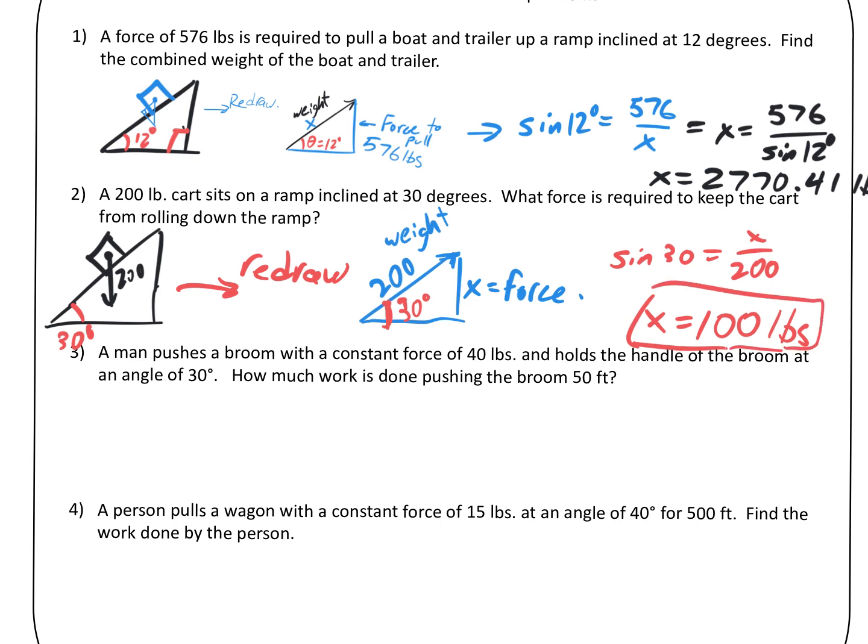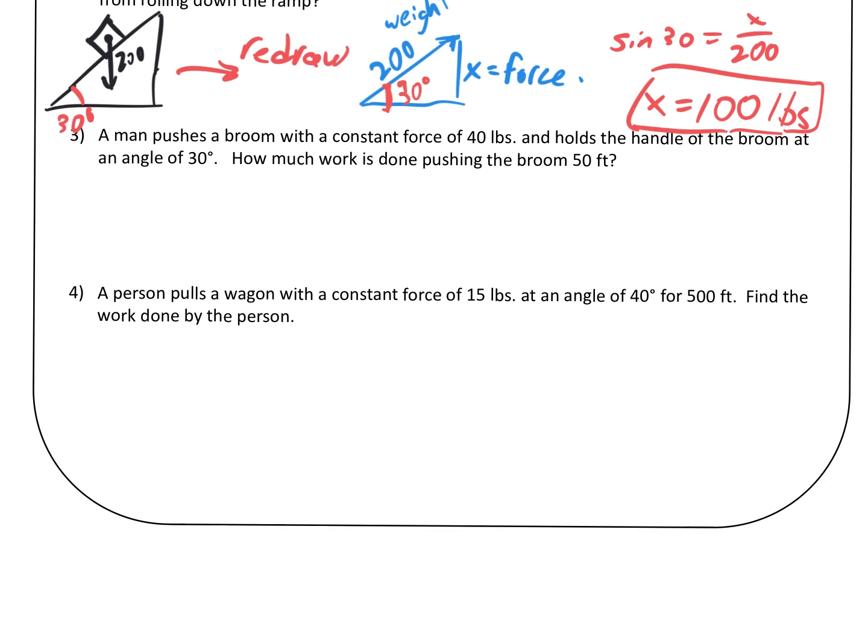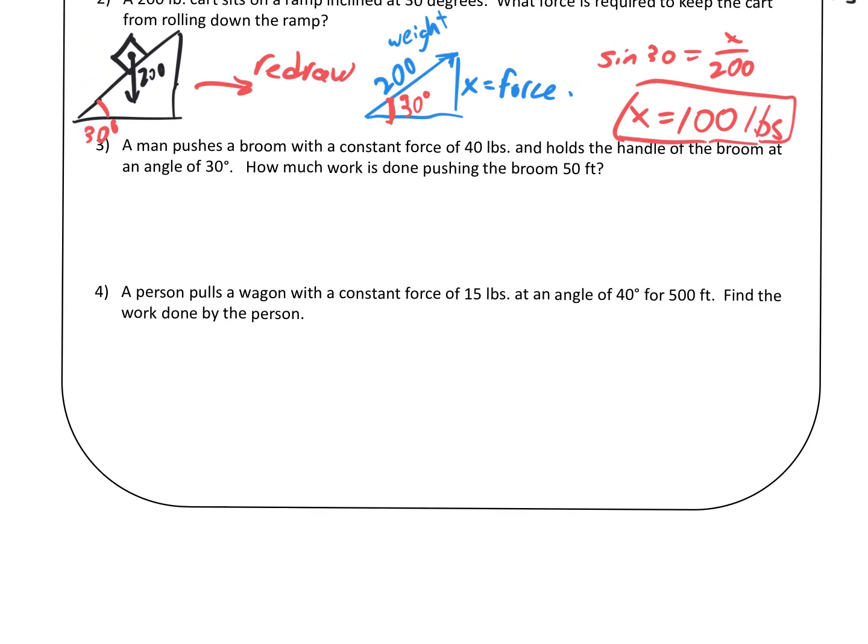The first two problems in here were based off of ramps, and now the next two are based off of completing work. Work follows a pretty straightforward formula, and as long as you follow that, you should be pretty safe.